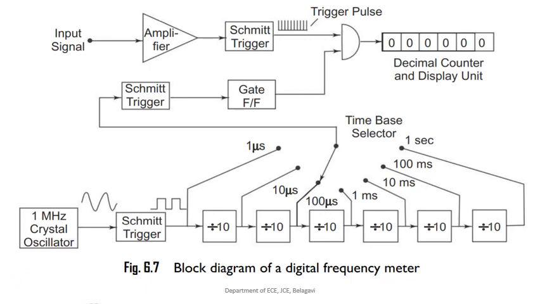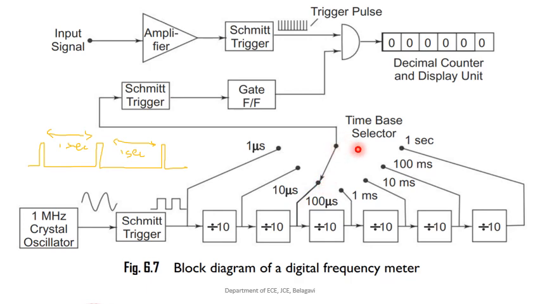The example I gave you was something like this: the pulses from the time base selector were of 1 second, that means the duration between two pulses was 1 second. Now you can change that. You can see here this selector is currently connected to 100 microsecond.